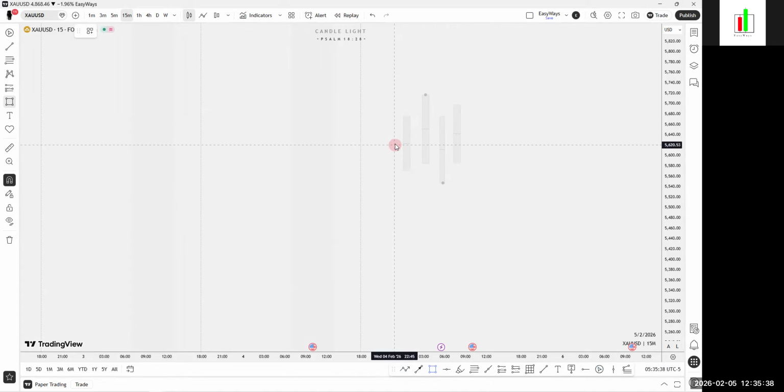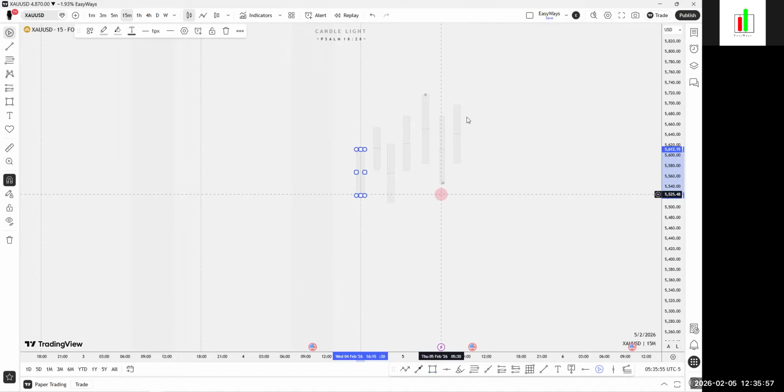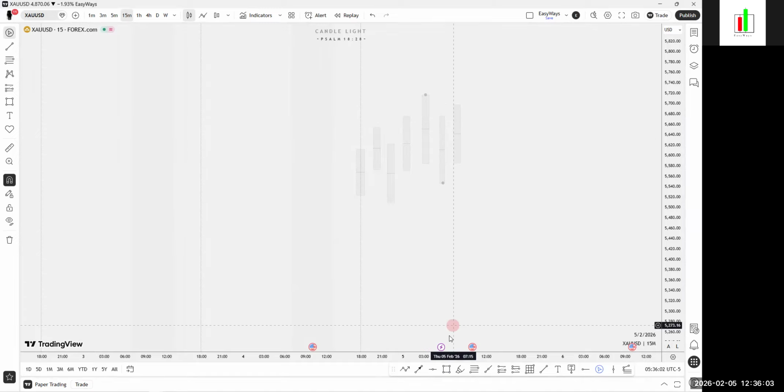So let's say here you have a short-term high here, and a short-term high here, and of course this would be a low.